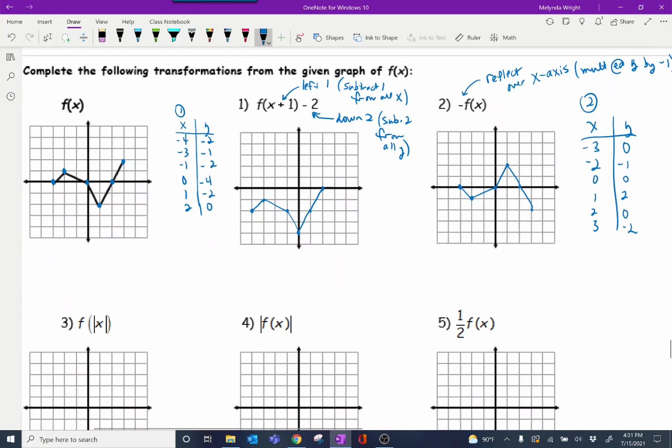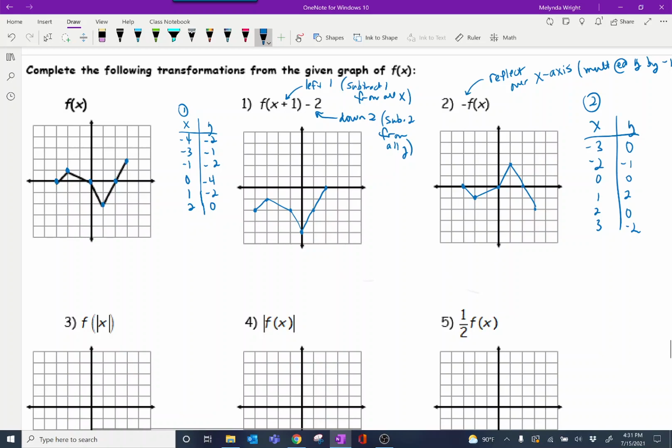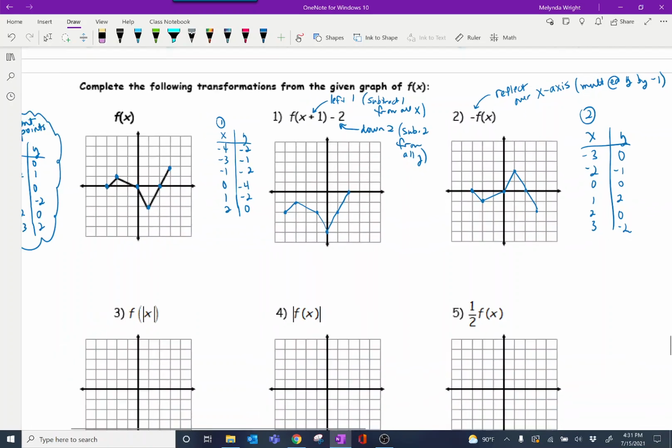So let's compare this to our original. And so what has happened is the entire graph has been reflected over the x-axis. You can see that to the left of the y-axis, where the graph was above the x-axis, now it's below. And to the right, you can see a mixture. We've got some below and some above, and it's switched. So we can see that it worked just fine.